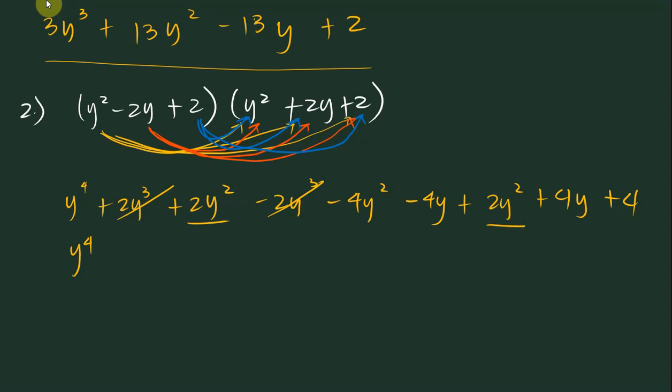That's 4y squared. And then we have a minus 4y squared here, so that will cancel out as well. Then we have negative 4y, and then we have a plus 4y. So we are left with this very simple answer, y to the 4 plus 4.